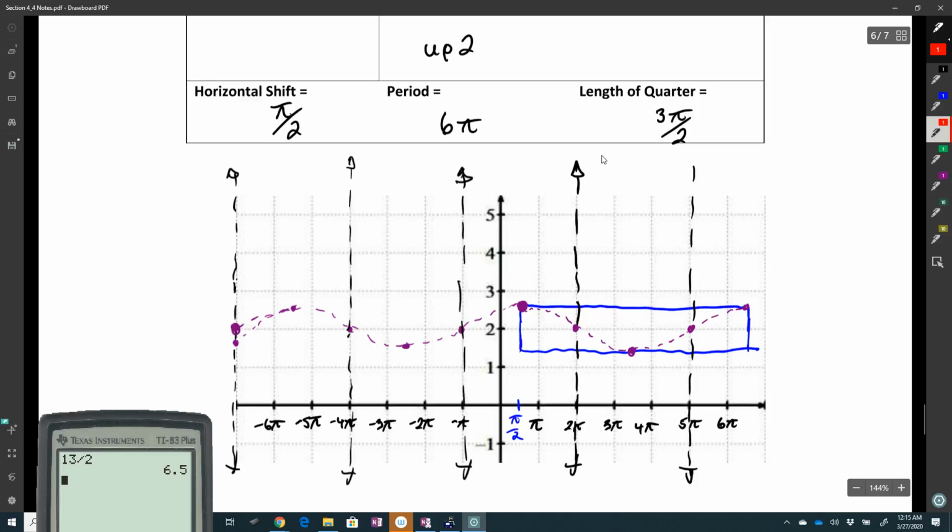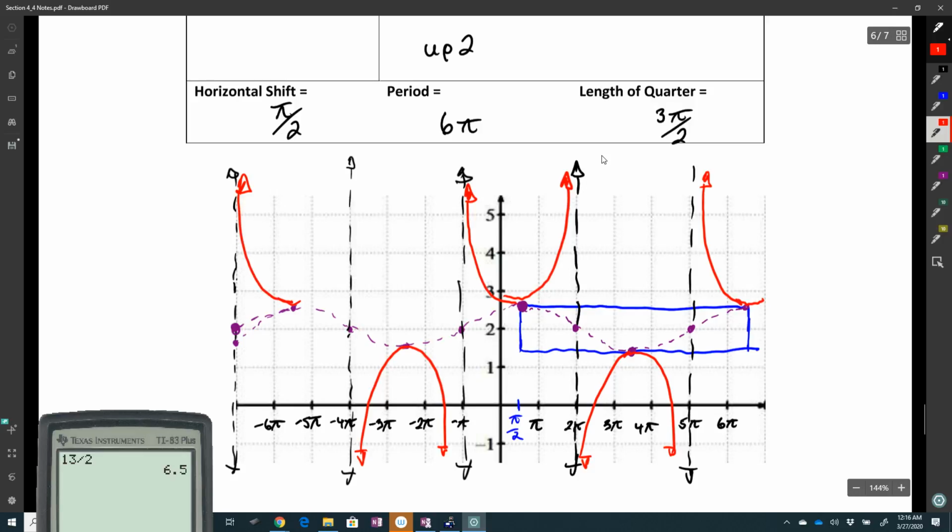Each peak is an upward parabola. Each valley is a downward parabola. In this example, this is the hardest that they're going to get. If they make you do a shifted secant or cosecant, they're just nastier by default. And there you go.